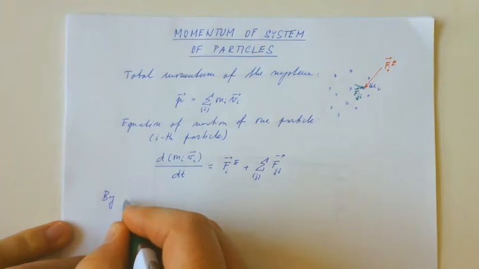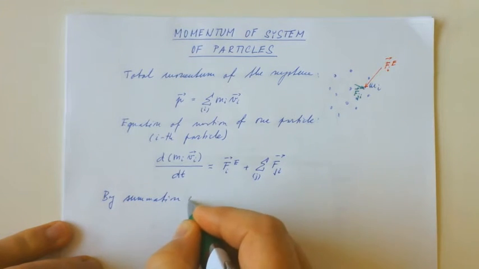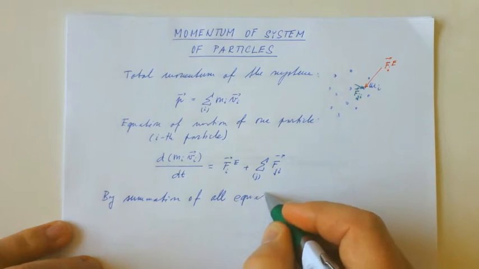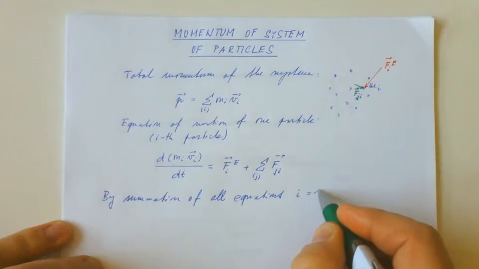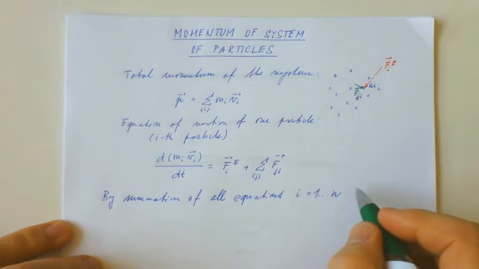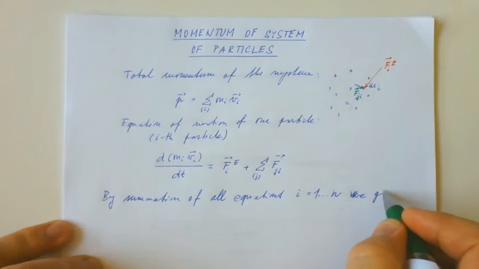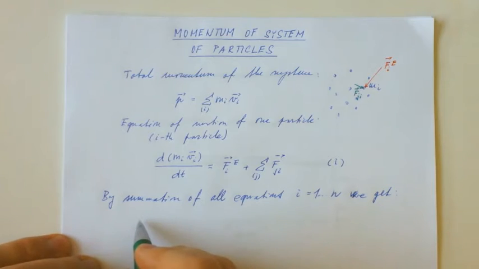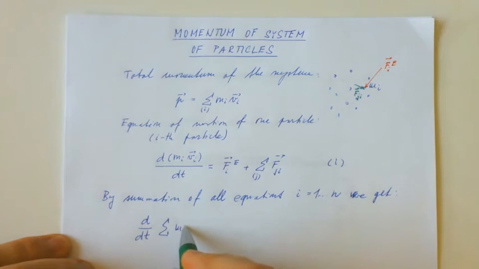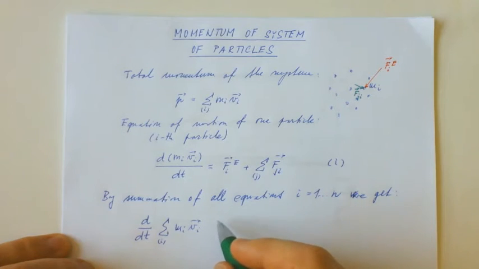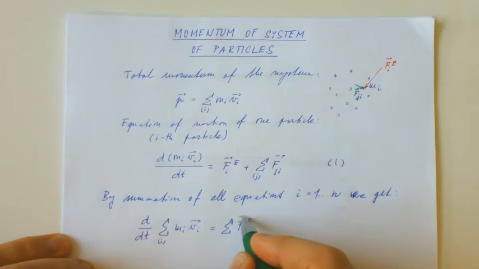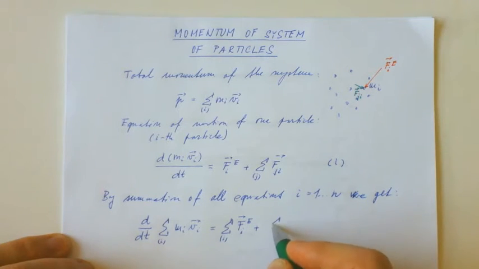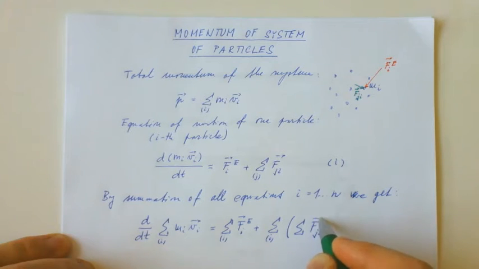So by summation of all equations from 1 to n, we get d over dt of the sum of mi vi over i is equal to the sum of external forces plus the sum over i of summations of all internal forces over j.